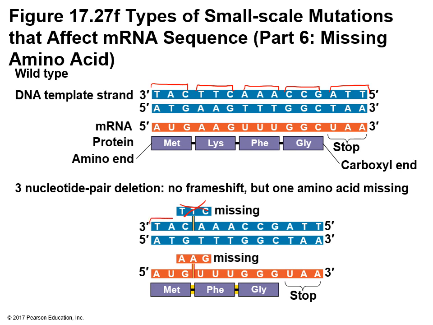That's going to result in us only having TAC, AAA, CCG, and ATT. But notice how the remaining triplets are still going to be the same. We just have one triplet that's missing. So this would not be considered a frameshift mutation because we did not change the reading frame. However, we're going to be 1 amino acid short. So we had lysine in the original amino acid sequence, but right here we can see that it's missing because we don't have the codon that codes for it.